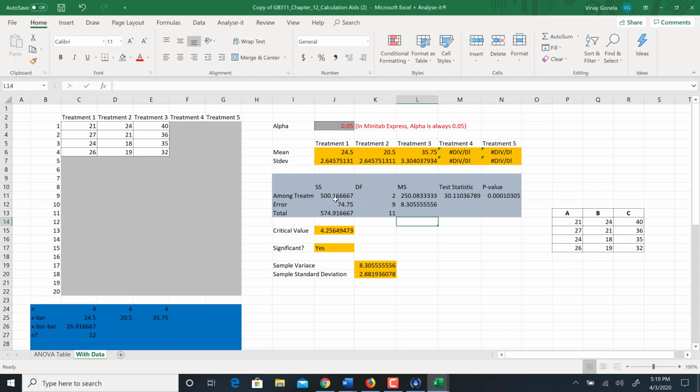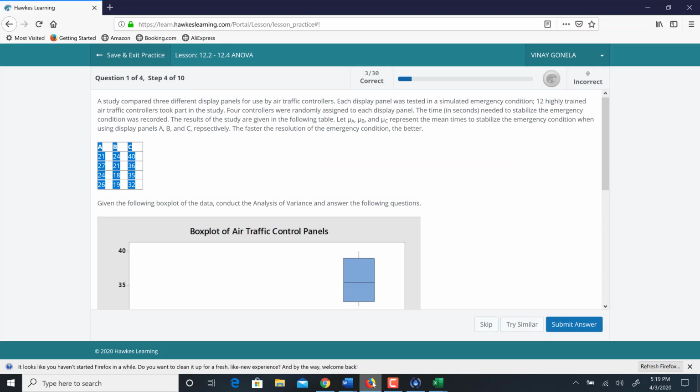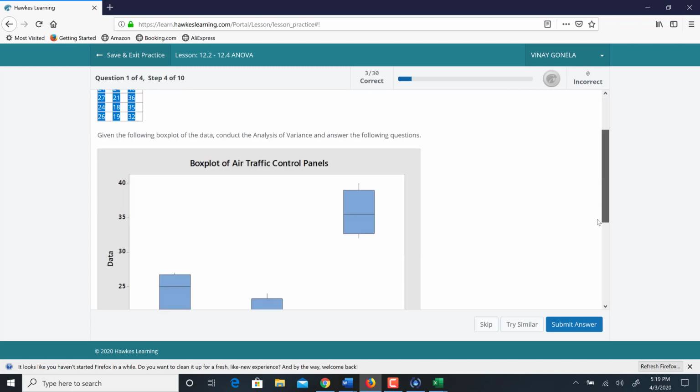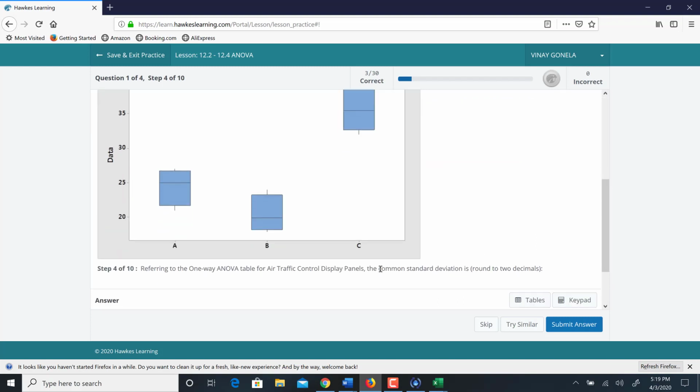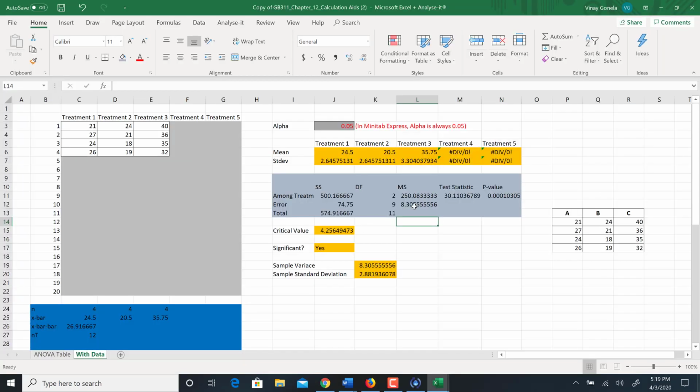So now they are asking you what is the common standard deviation. We discussed in our previous lecture that this 8.30 is the common variance.